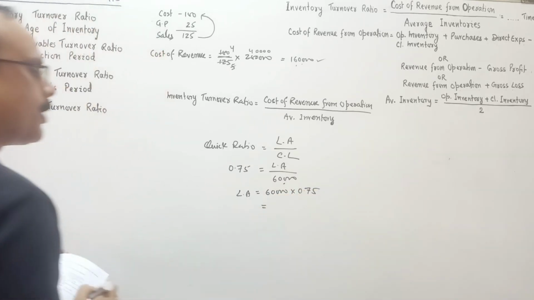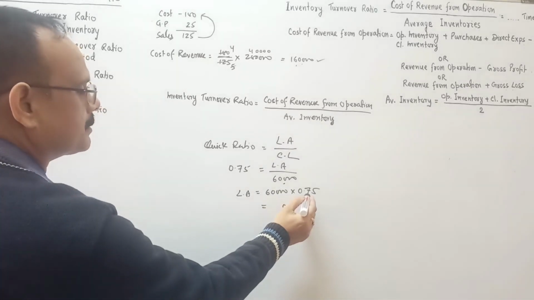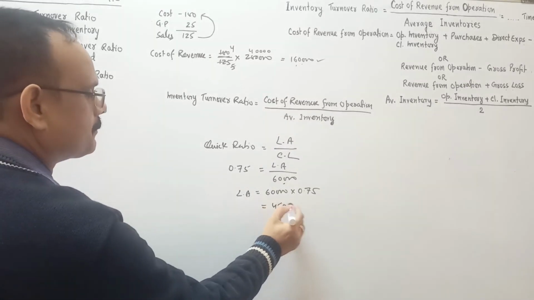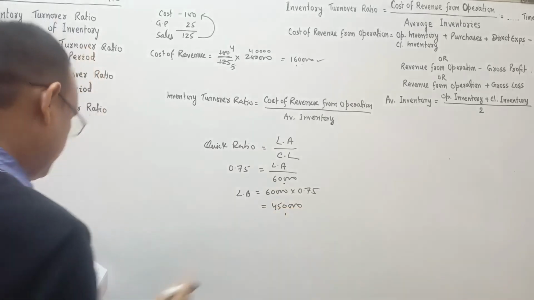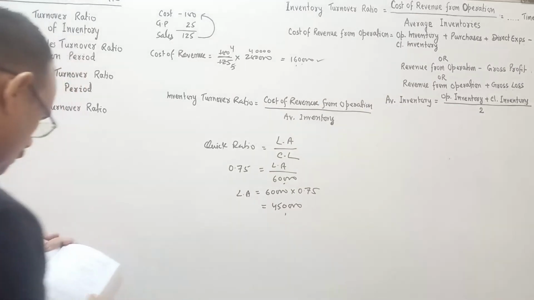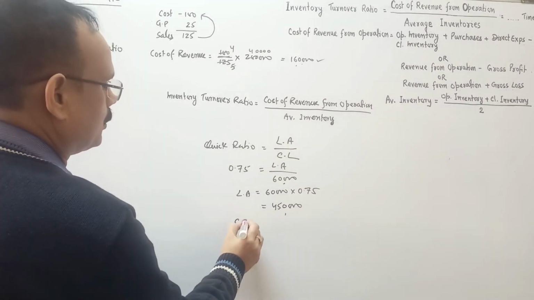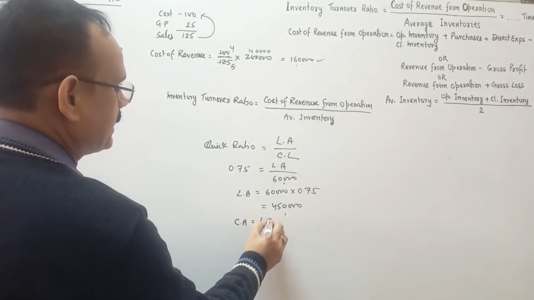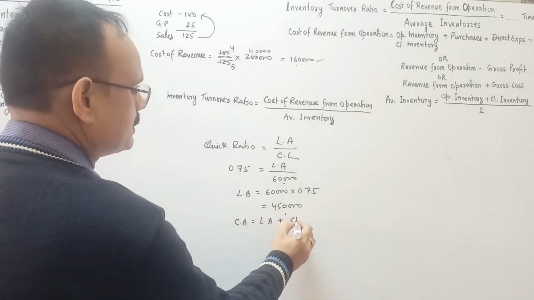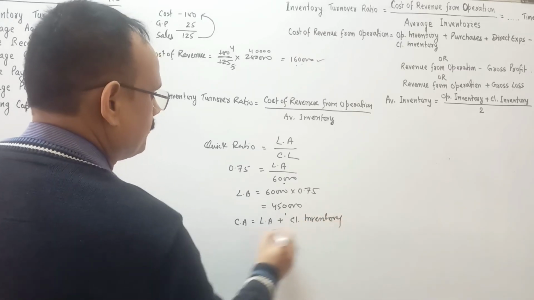So 45,000 is the liquid assets. And current assets is equal to liquid assets plus closing inventory.